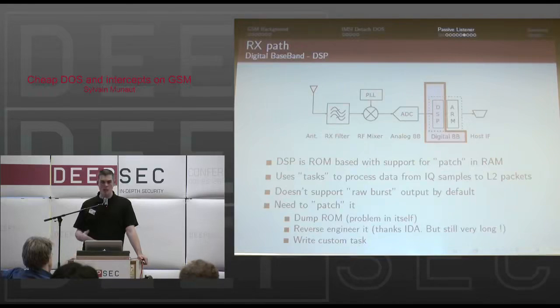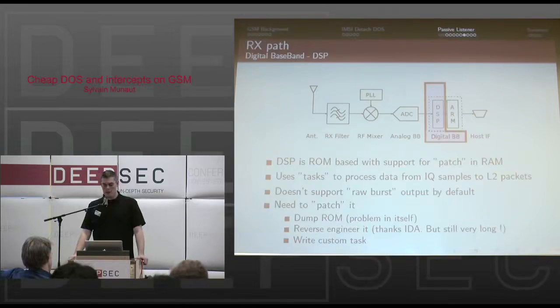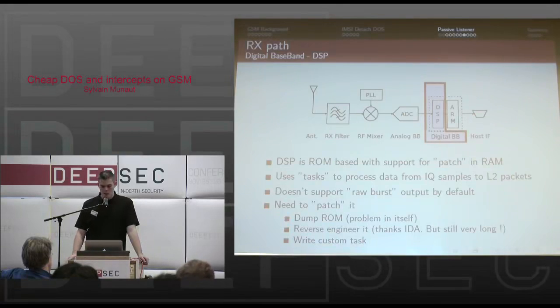Hopefully IDA supports it, so after long hours staring at the assembly of the DSP, you can figure out how it works, and in the end write a custom task for the DSP that will do what you want, that is get the samples from the analog baseband, apply the demodulation, and then send the raw demodulated burst to the ARM without any further processing. And this is something that took a long time, but it's finally done, so that's good.